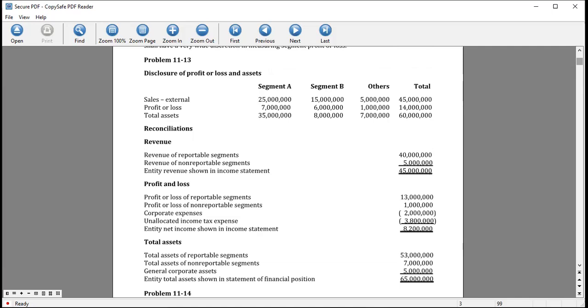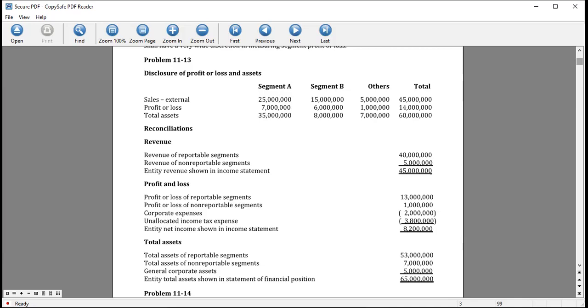So this is a total of 45 million. Then we have the profit or loss, given with the corresponding segments.